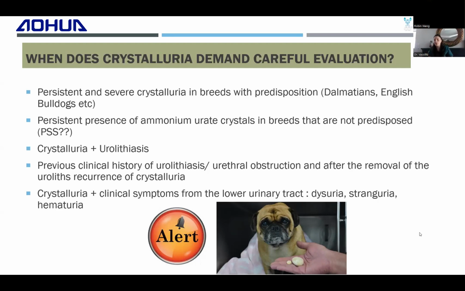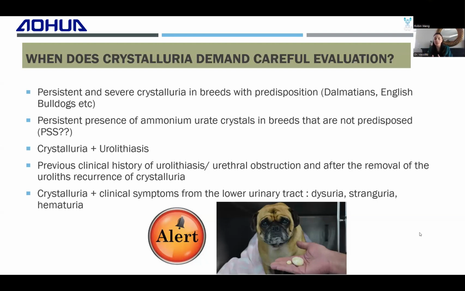Persistent presence of ammonium urate crystals in breeds that are not predisposed. So let's say that you have a mixed breed dog that persistently has them, especially young in age, but not only young in age, because we have seen portosystemic shunts with smaller vessels, smaller shunts that are not perceived at a younger age. And we can see 4-year-old and 5-year-old animals having portosystemic shunts.